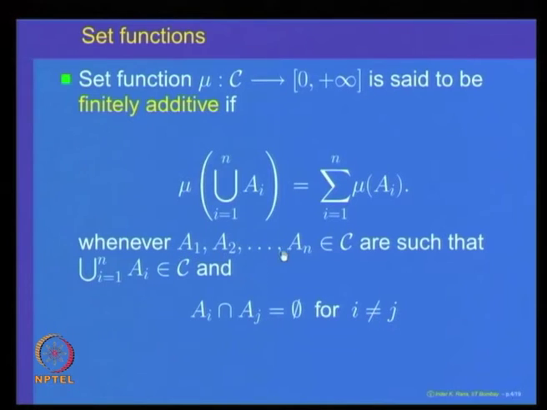Such a property is called the finite additivity property of mu, or one says mu is finitely additive.